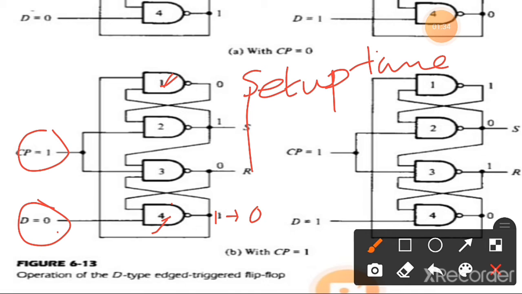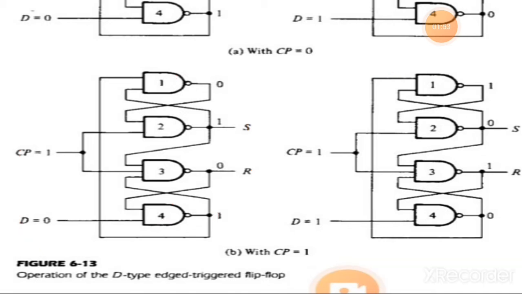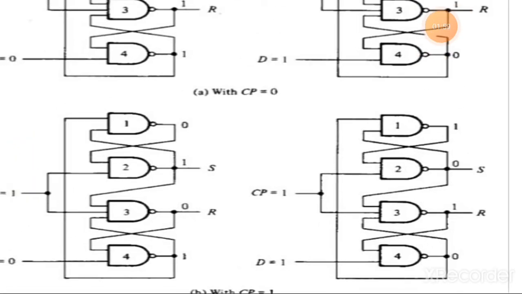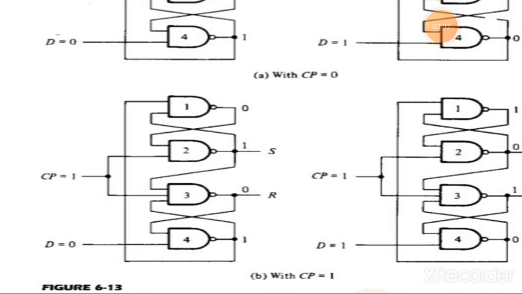So there is a change that occurs when D is changed from 0 to 1. And assume that D does not change during the setup time. Then the input Cp becomes 1.